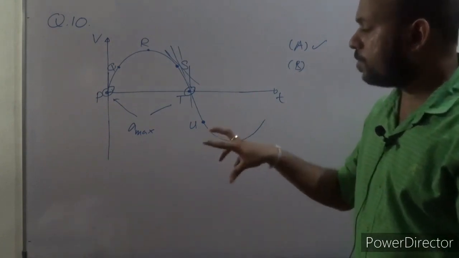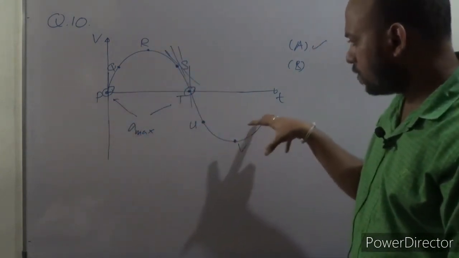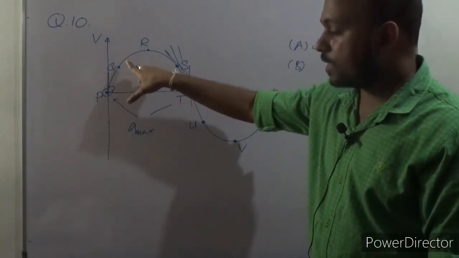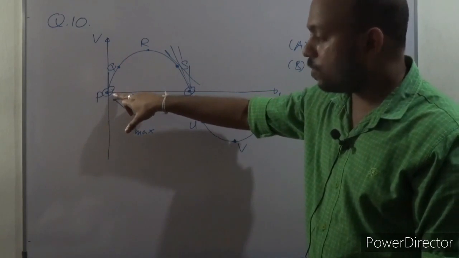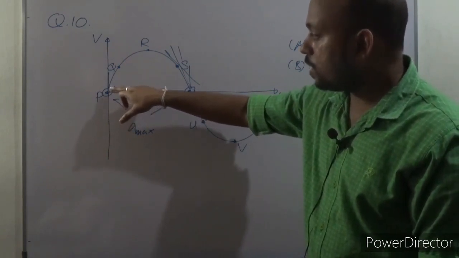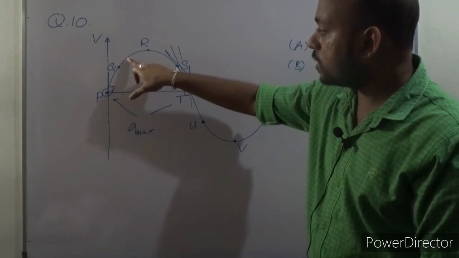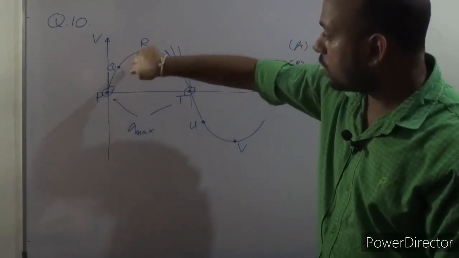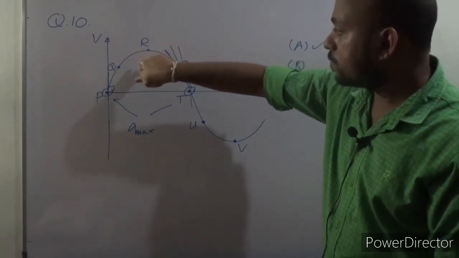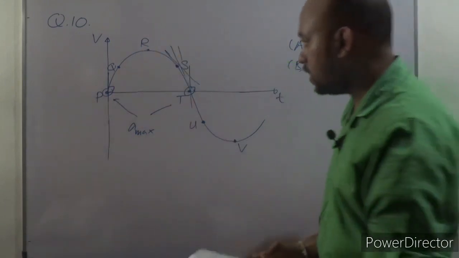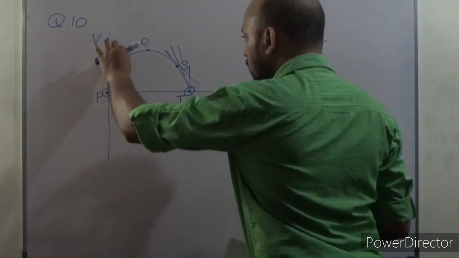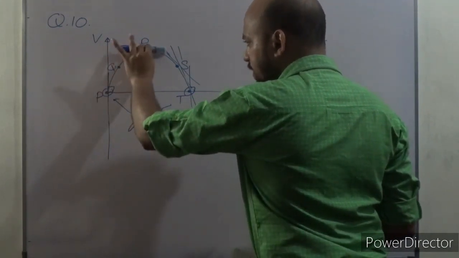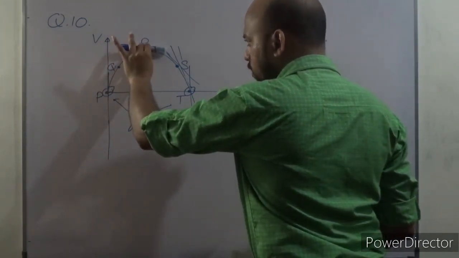So if we consider the nature of motion of this graph, it starts with maximum acceleration with 0 velocity. Then it is gradually increasing its velocity, and you can see the acceleration, the gradient, is gradually decreasing, and at R the gradient becomes 0, it means acceleration is 0 again.